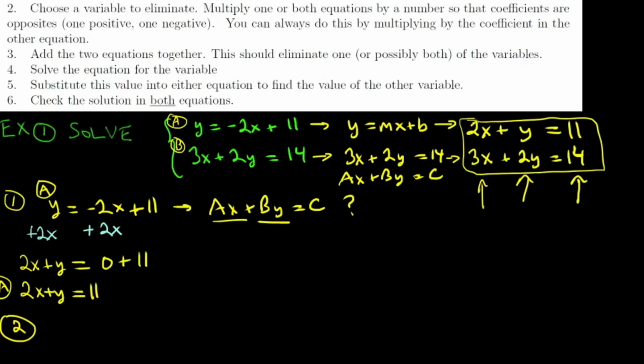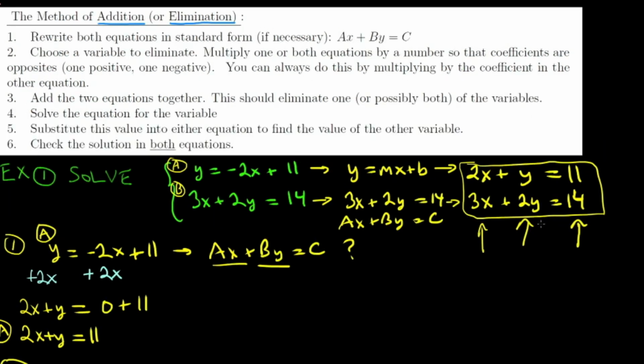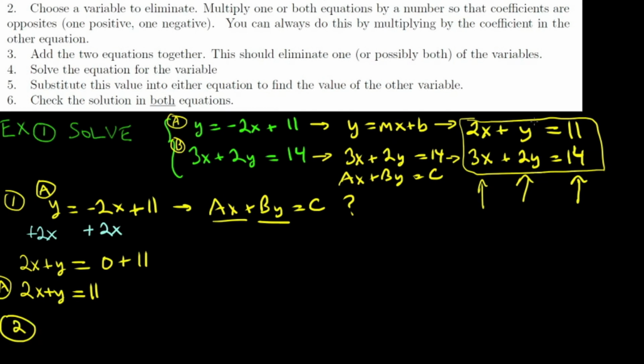Our goal in step two is to eliminate either x or y, and that's why this is also called the method of elimination. Step two is kind of tricky. It's to find the same coefficient for x or y.